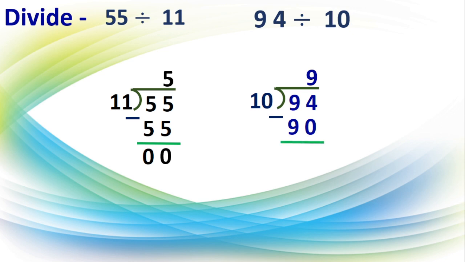Then 4 minus 0 is equal to 4. 55 minus 55 is equal to 0. Yes, here 11 and 10 are the divisors. 55 and 94 are the dividends. 5 and 9 are the quotients. And here 0 and here 4 are nothing but the remainders. Correct?